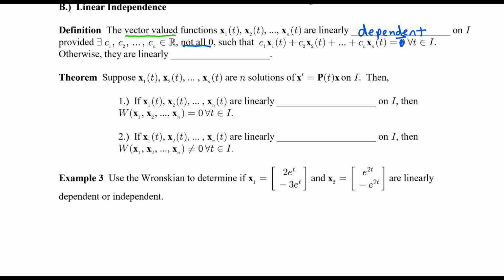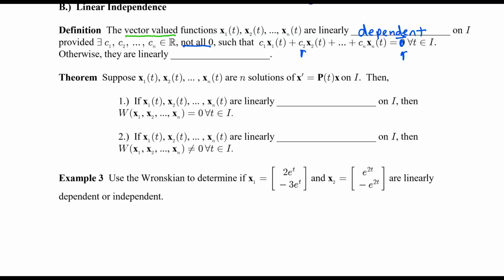So if I can form a linear combination, and I'm not using the trivial combination where all of my c's are 0, that is 0x1 plus 0x2 plus 0xn, that would give me clearly a 0. So I'm finding a non-trivial linear combination. Not all of those coefficients are 0, but it is equal to the 0 vector. Then that means they are canceling out.